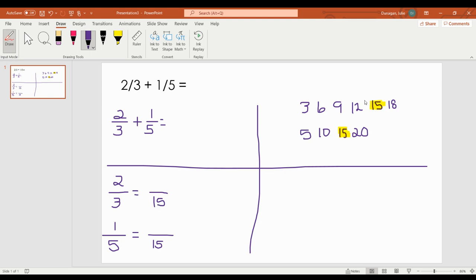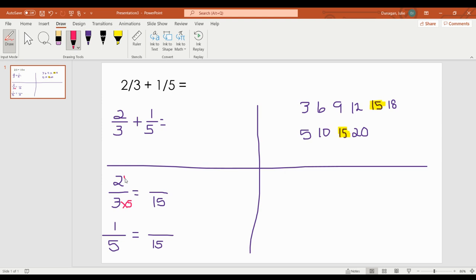Now I'm going to use the skip counting I already did to tell me what I have to multiply my 3 by to get 15. Well, 1, 2, 3, 4, 5. 3 times 5 equals 15. So I'm going to multiply my denominator by 5. That gives me 15.